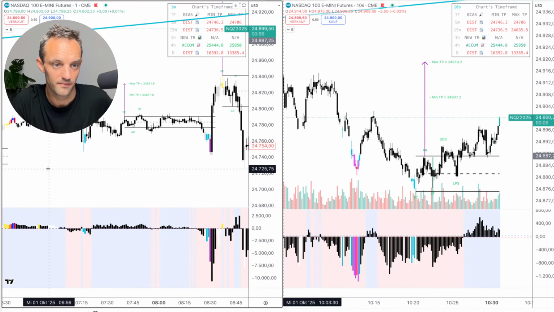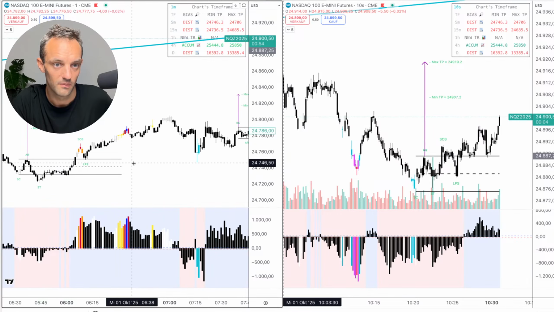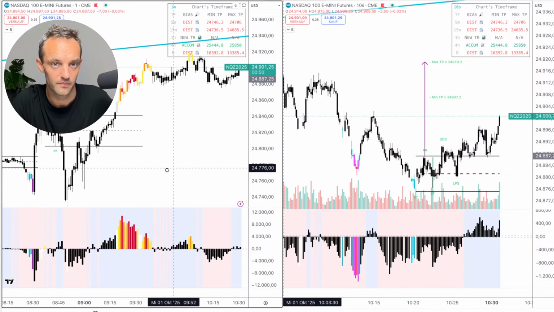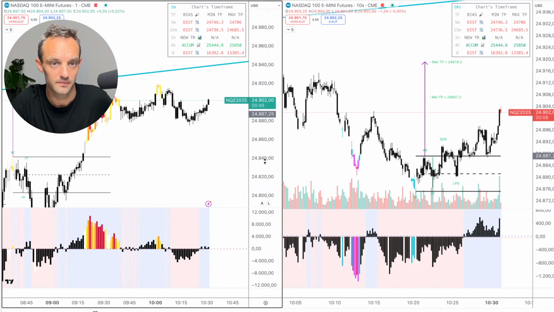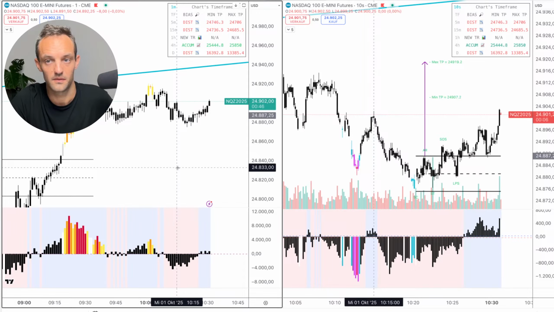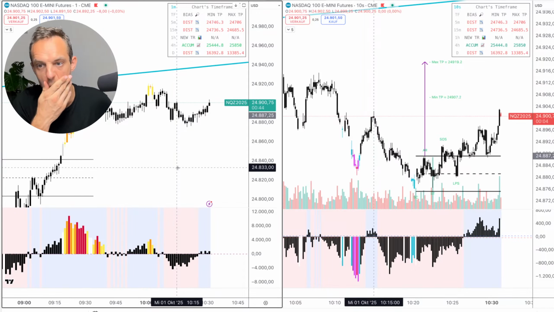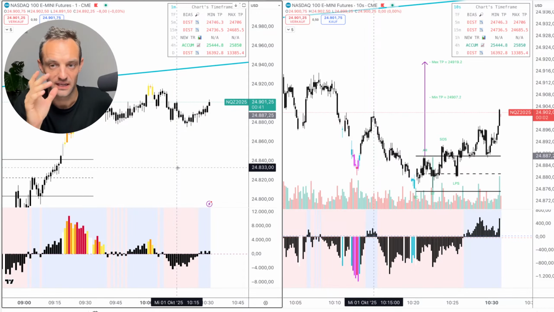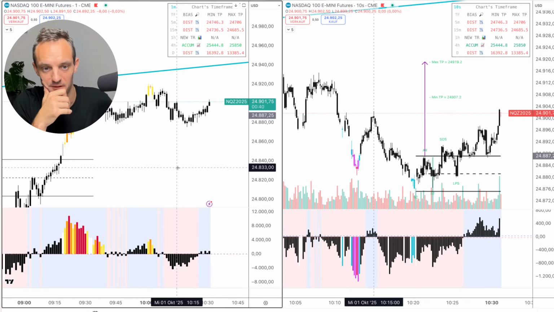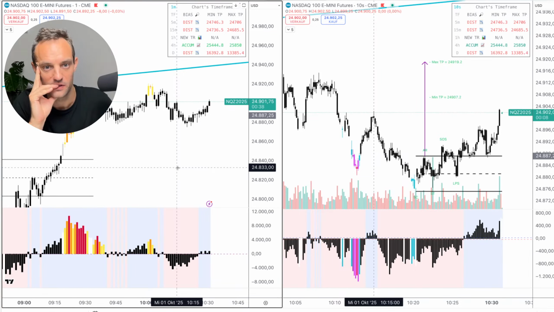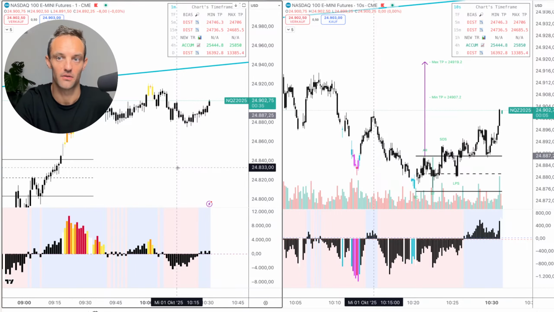Maybe it was on higher time frame as well. Yes. But these kind of rules are not 100% fixed. This is just my observation and my thoughts.